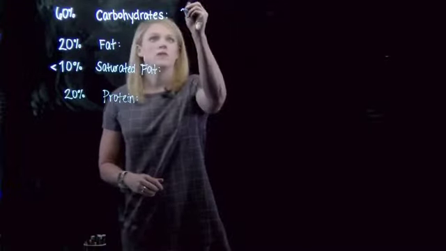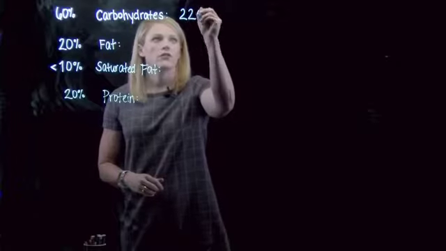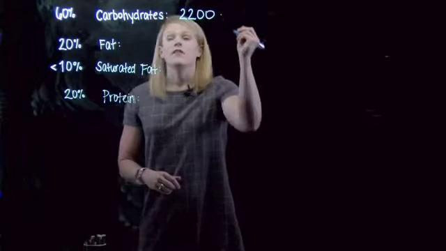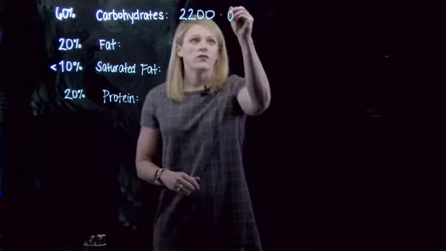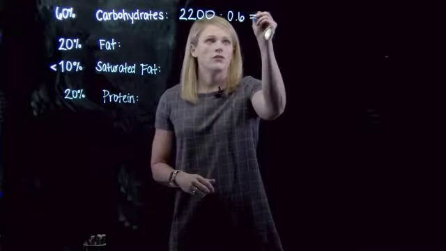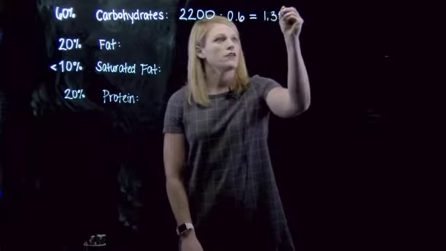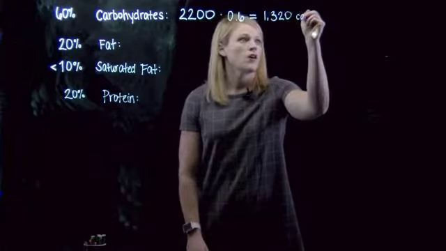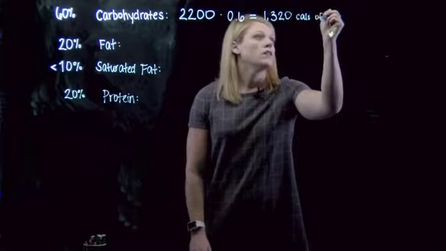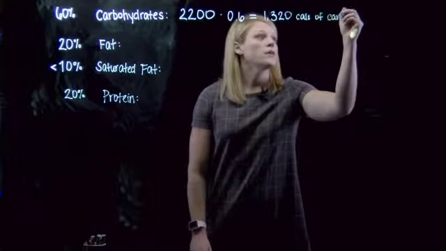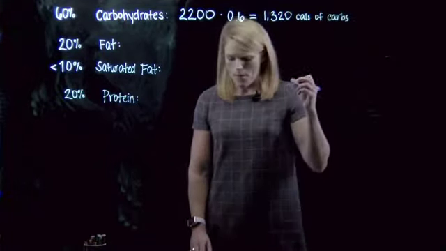We know that she's supposed to be eating 2,200 calories per day, and that 60%, or 0.6, of those should be carbohydrate calories. So we're going to take 2,200 times 0.6. That's going to give us 1,320 calories of carbs.